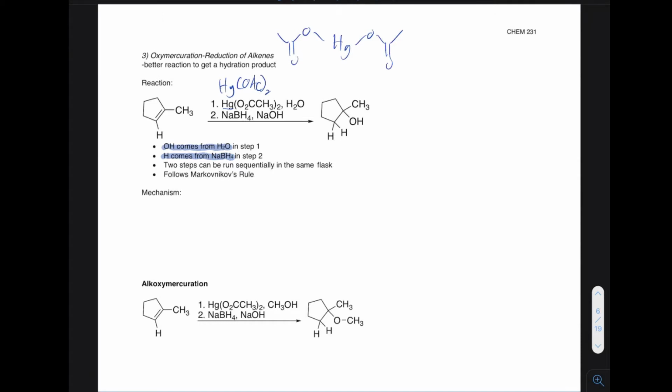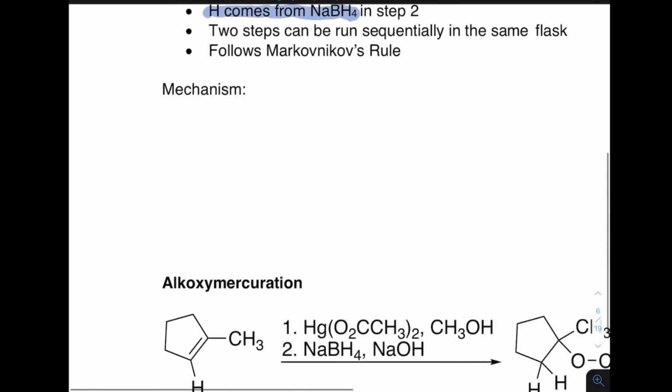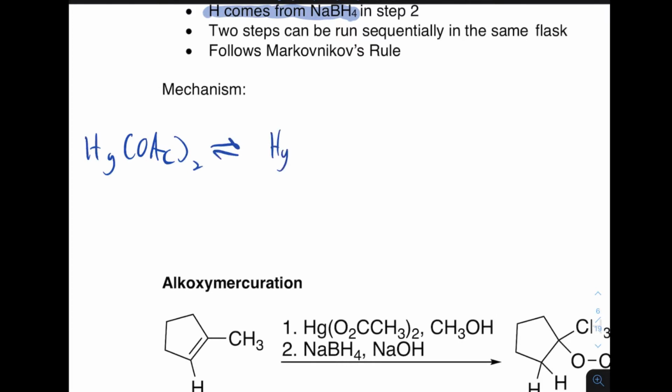Okay? So for the mechanism of this reaction, I'm going to zoom in to give myself more room. The first thing that happens is our mercury compound ends up splitting to give us our positively charged mercury, which is going to play a huge role in the reaction.